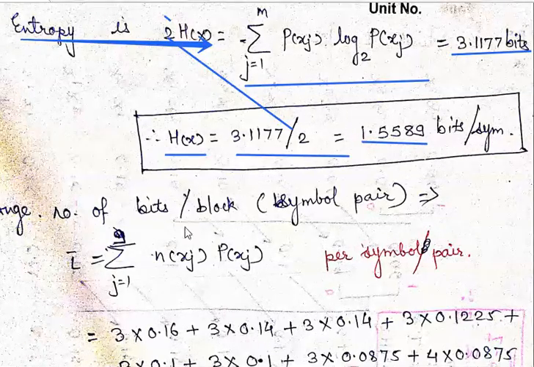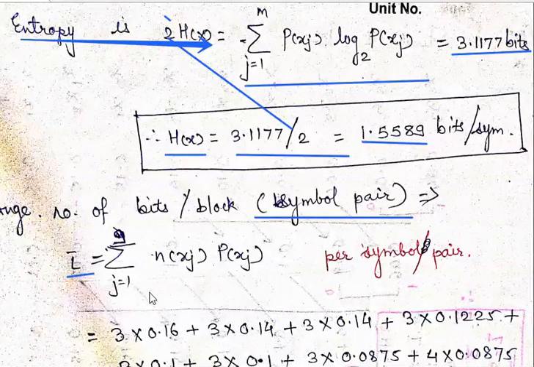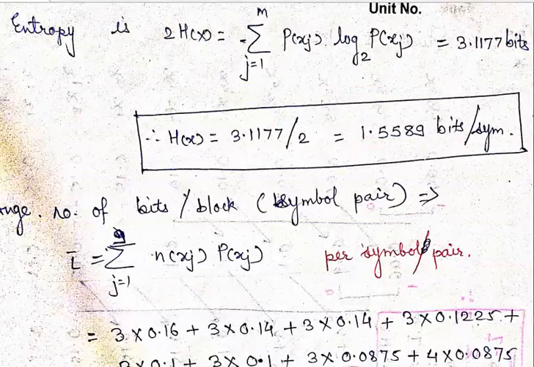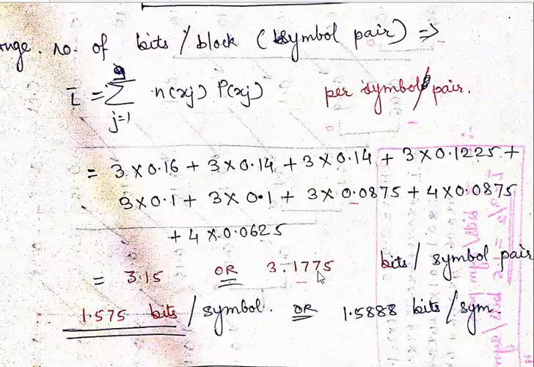Now the average number of bits per block, or per message pair, is important. L bar was our earlier problem statement. Now it is with respect to the pair. That's why for L bar, this time j is equal to 1 to 9, so the total number of pairs we need to count over here. The values we are getting are quite simple. It is actually 2 times L bar.